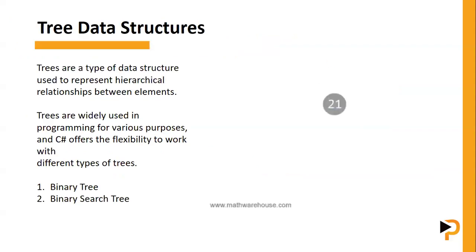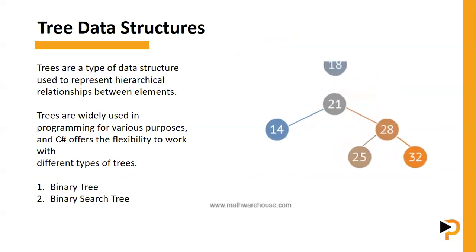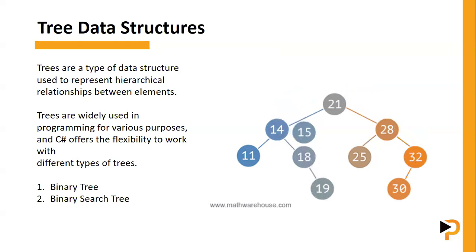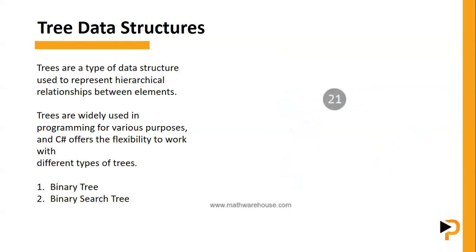Now the next data structure is a tree. Obviously, a tree is a hierarchical relationship between the elements. There is a root, there are the left child and right child, and based on which type of tree you are using, the elements will get inserted. Now, what is the advantage? Directly, we are not using advanced data structures in medium level products.